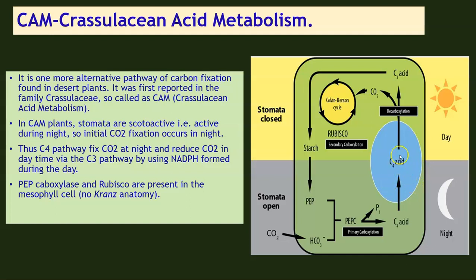And this malate is stored in the vacuoles during the night, and it is released during the day, which then releases the carbon dioxide during the daytime for the C3 pathway within the same cell, and this is called deacidification or phase 2.